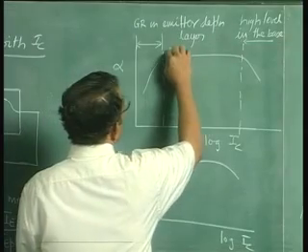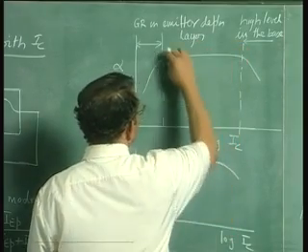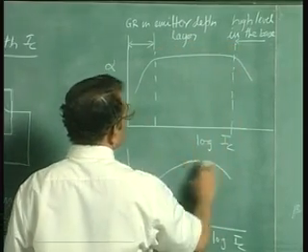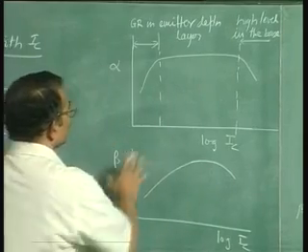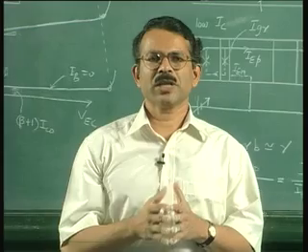That is why even though in this range alpha appears to be almost constant, the beta changes. So that is the reason for the variation of beta with IC or variation of alpha with IC.